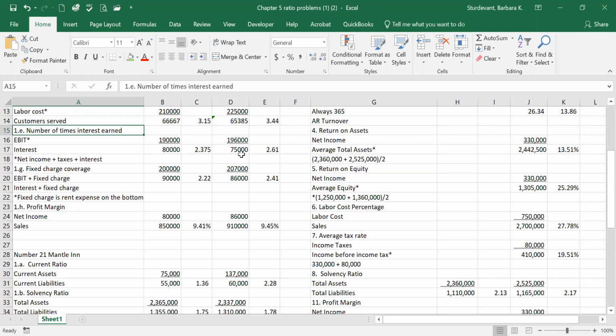So our EBIT this time is your net income of 86 plus taxes at 35, so we're up to 121, plus interest of 75 gives us the 196. And then we divide by 75, which is our interest on the bottom. Questions on that?